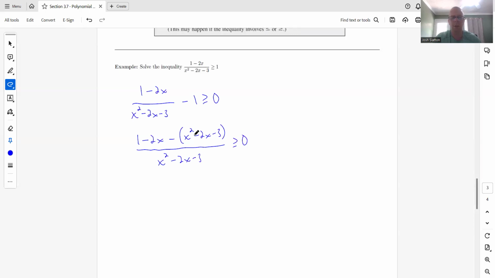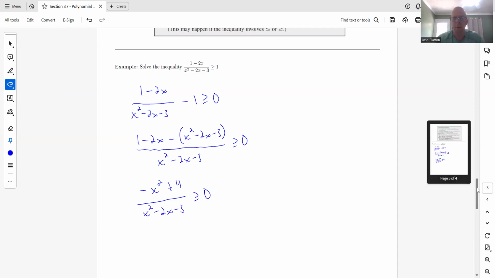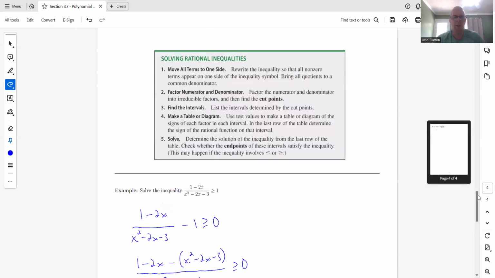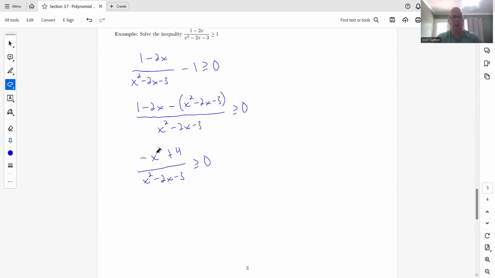And now let's combine our like terms. The 2x will cancel. So we have negative x squared, and then we have 1 plus 3, which is 4, over x squared minus 2x minus 3. And so now we just need to graph this, and we need to see where it is above the x-axis.